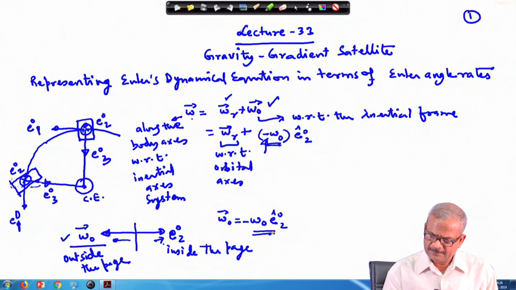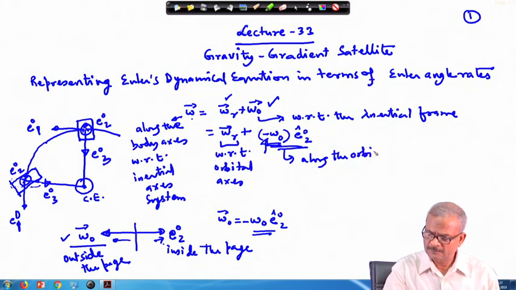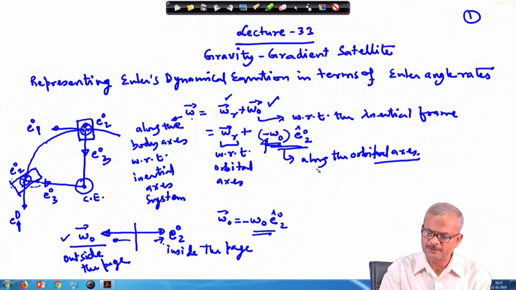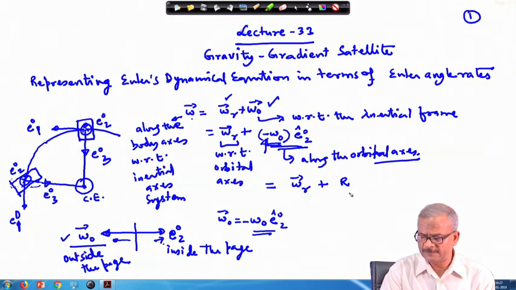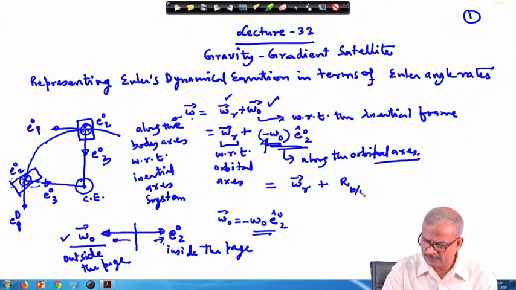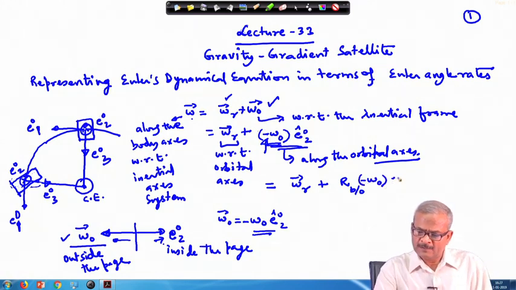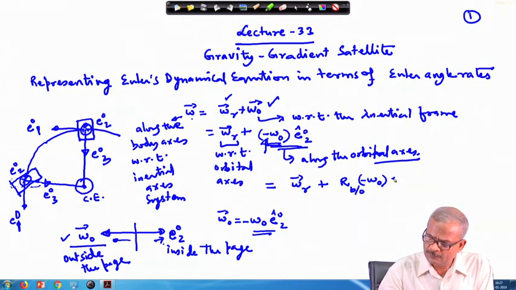Once we have got it, this is still along the orbital axis. We need to convert this along the body axis. So for that we write this as the rotation from the orbital to the body frame times minus omega 0 times EO2 cap.